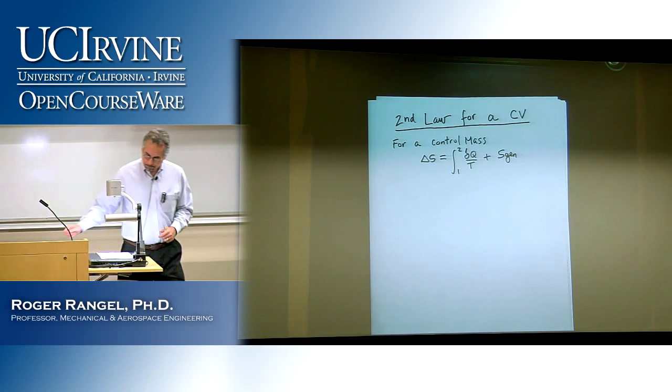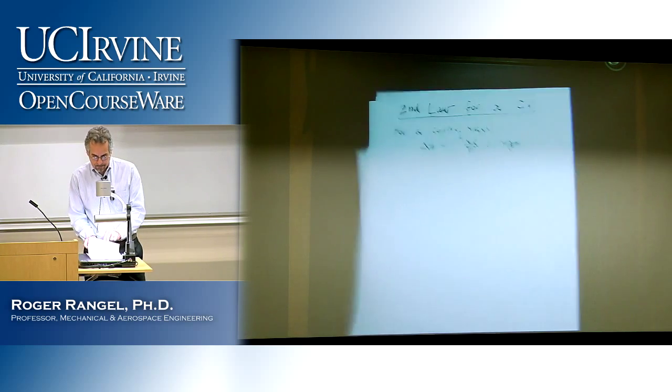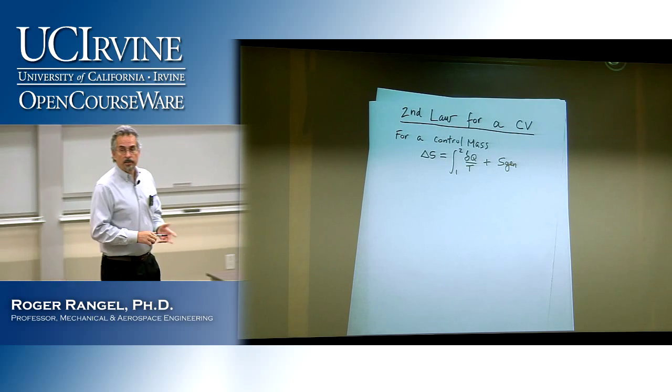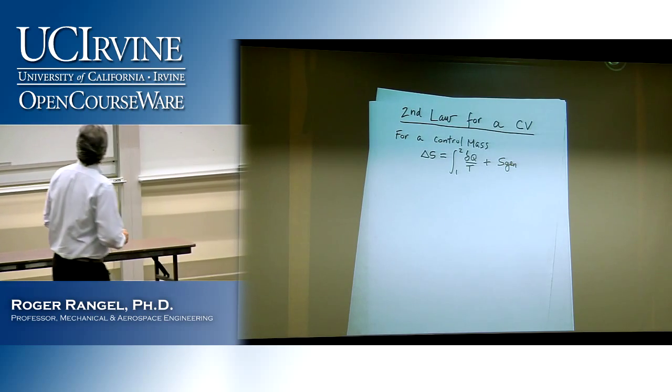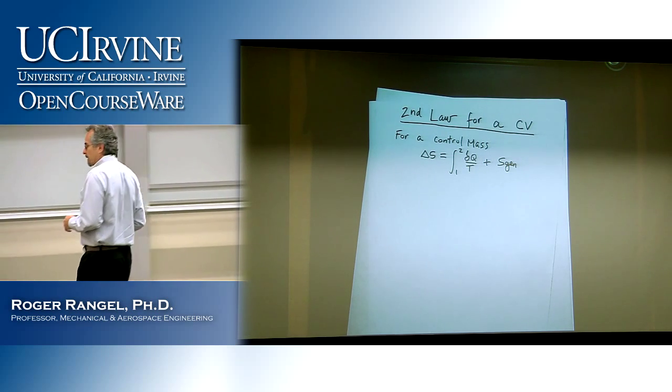As we were working with the second law for a control mass, we arrived at this expression, which you can consider as a mathematical expression for the second law of thermodynamics for a control mass or a closed system.